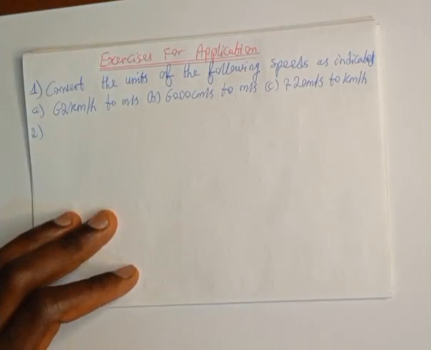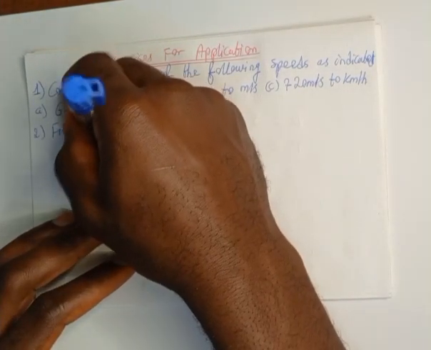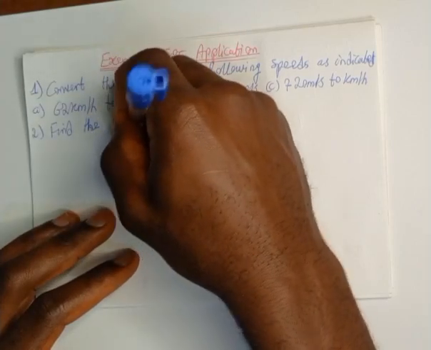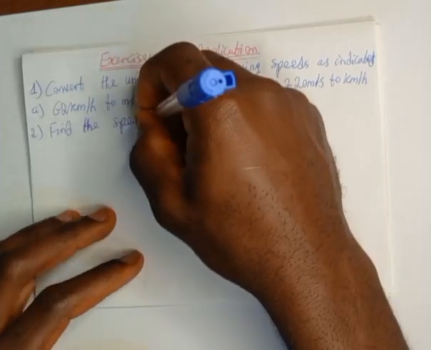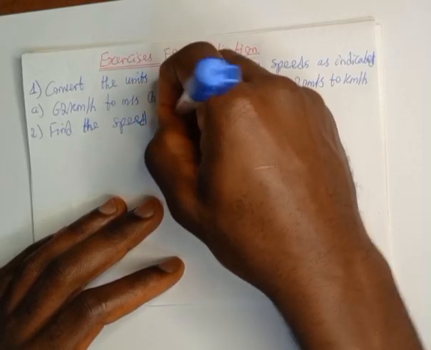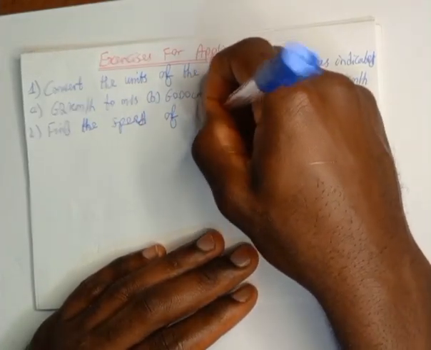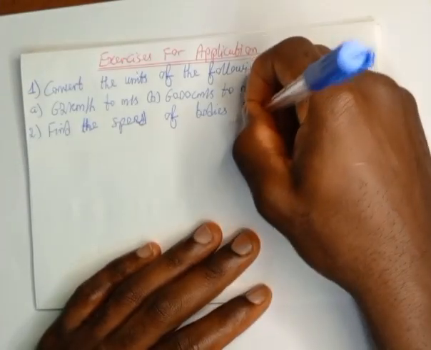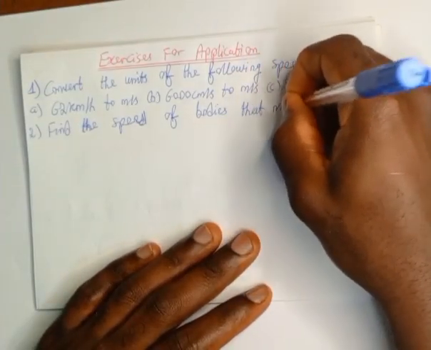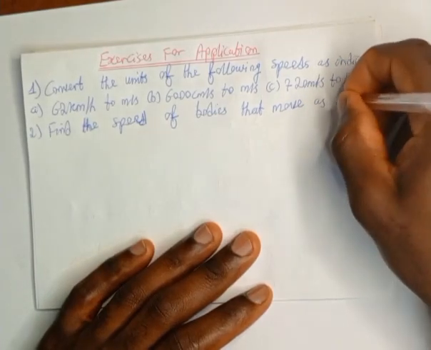Question 2 says find the speed of bodies that move as indicated.